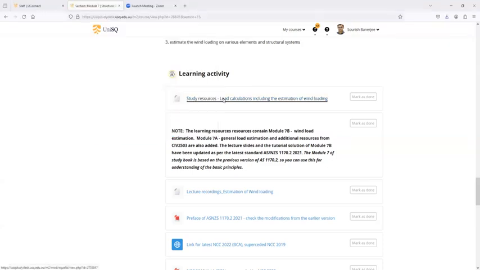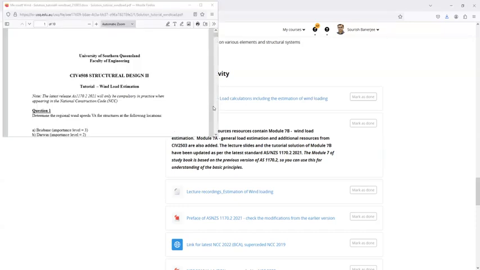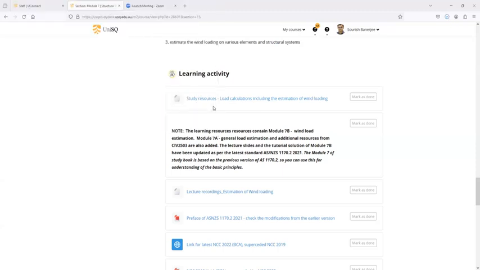Okay, and then the other one, tutorial and the tutorial solution. It's probably not needed if you look at the tutorial solution. Okay, so let's see here.